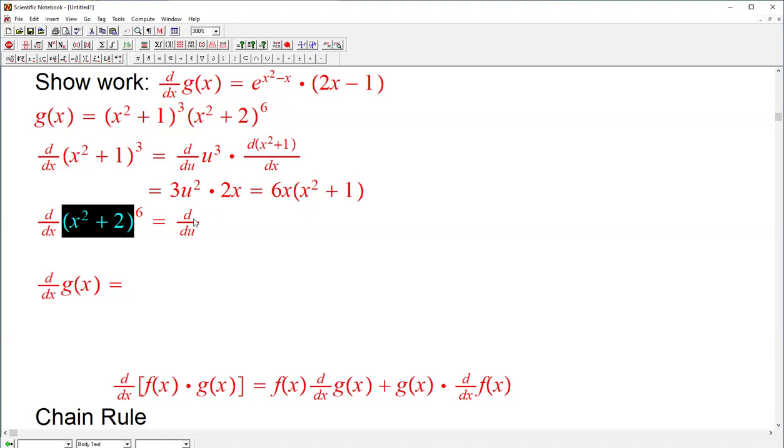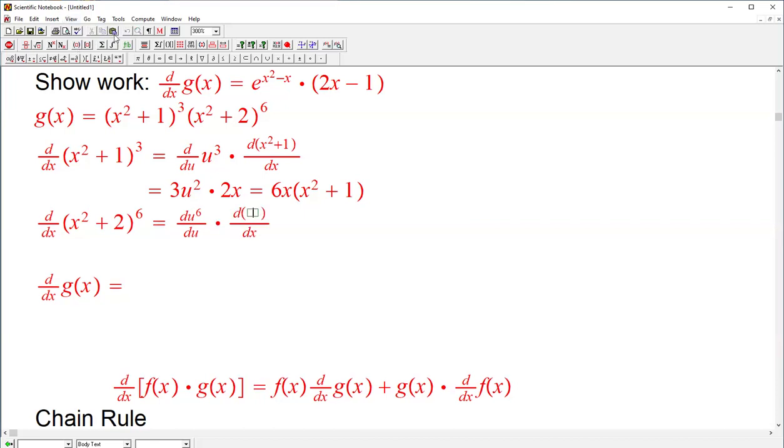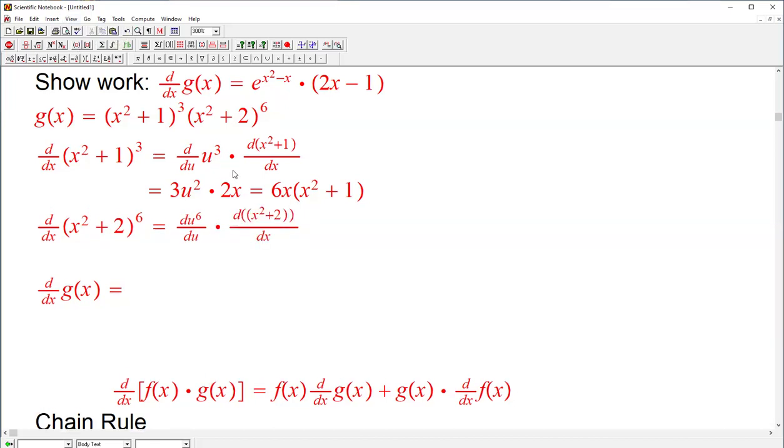So that's my u, and that's going to be u raised to the power 6, multiplied by du/dx. And I'm going to replace my u by x squared plus 2. So that's the setup.